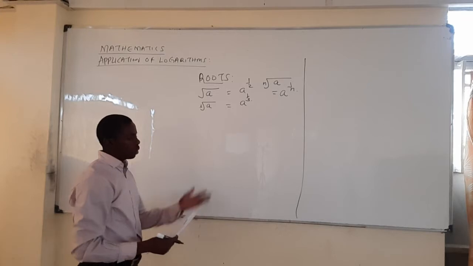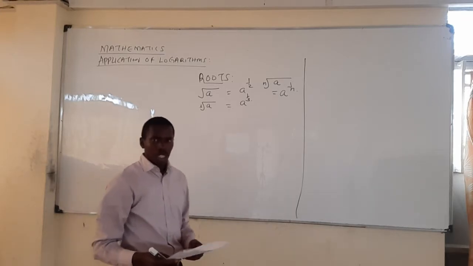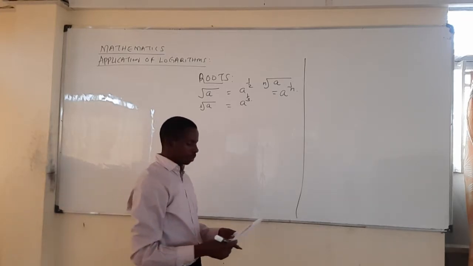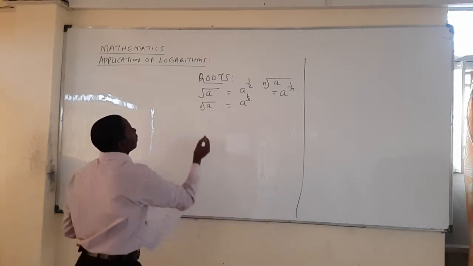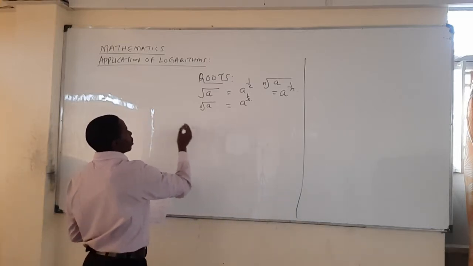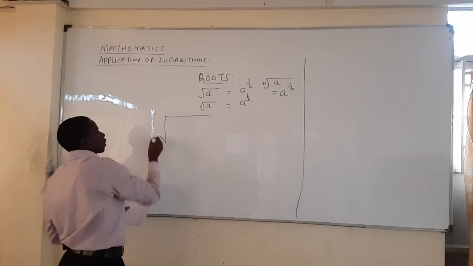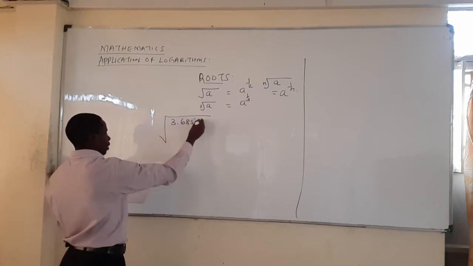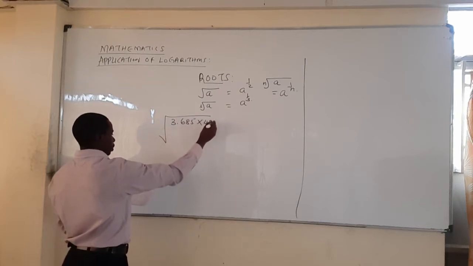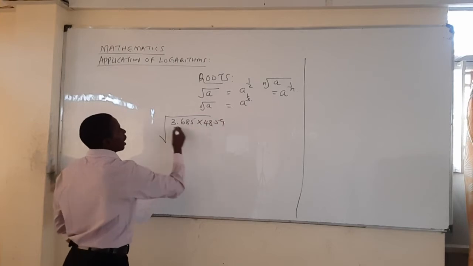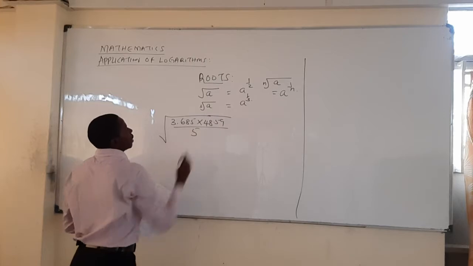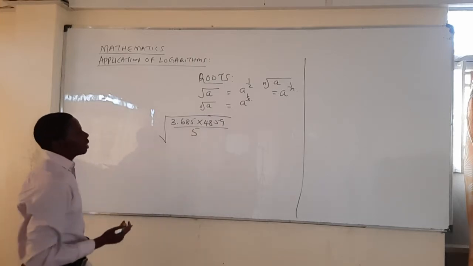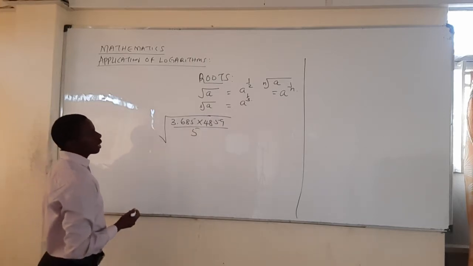Now let's have a question. We see how to apply logs to solving such a scenario. So we have a question here: the square root of 3.685 times 48.59 over 5. So we have a square root of that number. Now using logarithm is a very simple task.